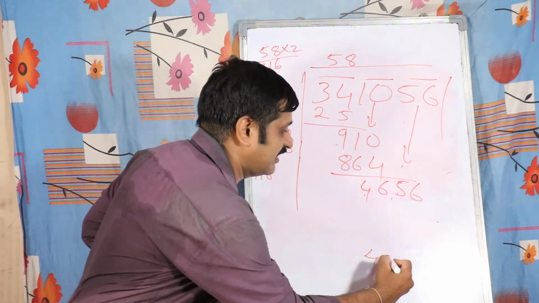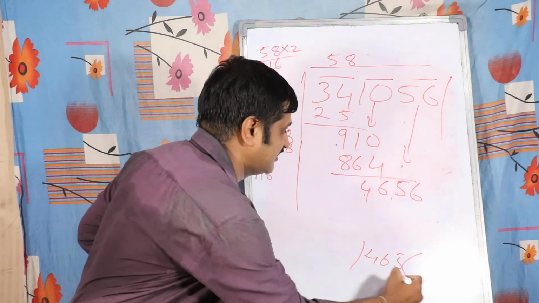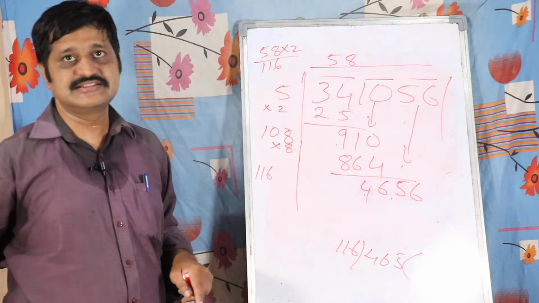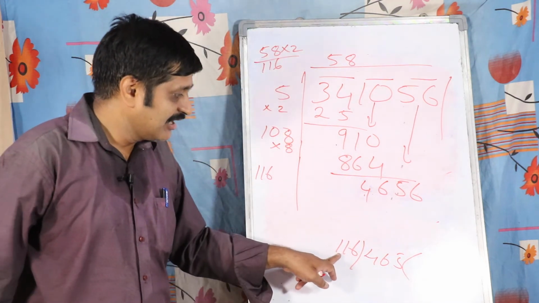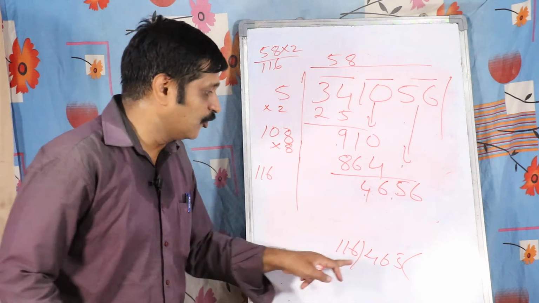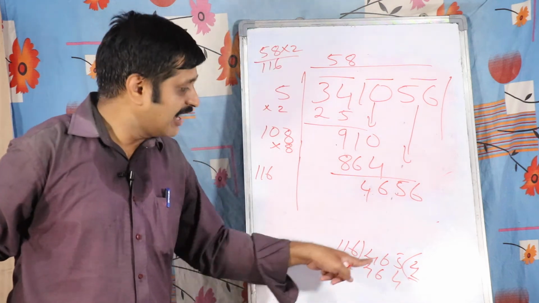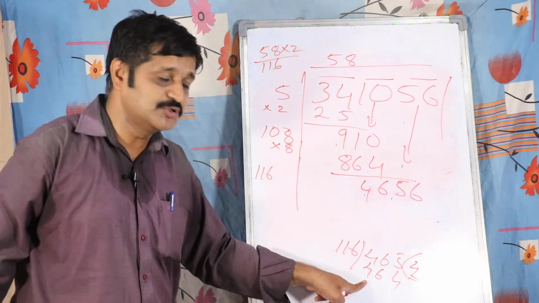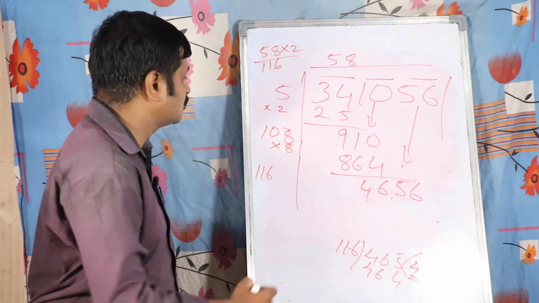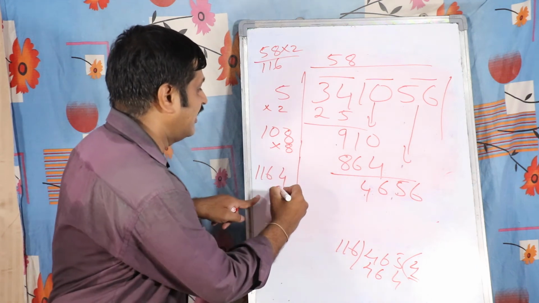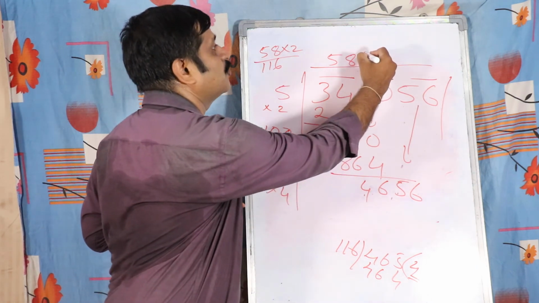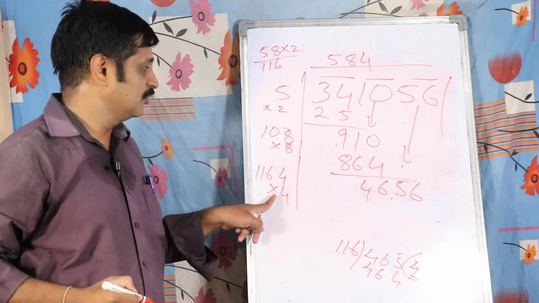Okay. 465 you have to divide with that 116. Clear? Then 116 into 4 is 464. Okay. Of course, it need not be exactly divisible. The quotient is 4. So you have to write the 4 here and multiply with 4, and in the quotient part you have to write 4.